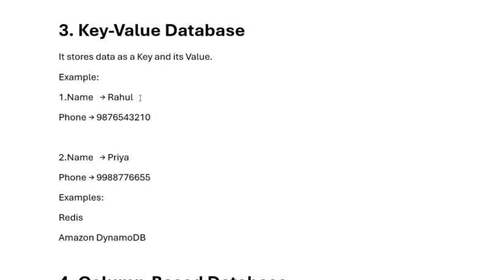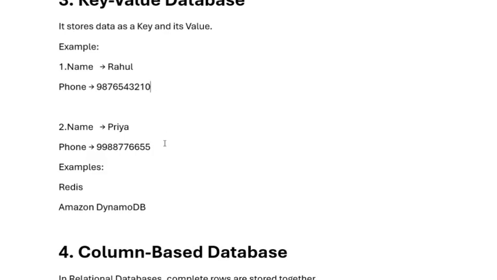When you search for a key, it immediately returns the value. This is exactly how a key value database works.